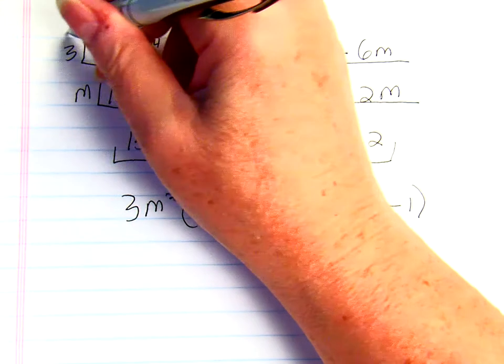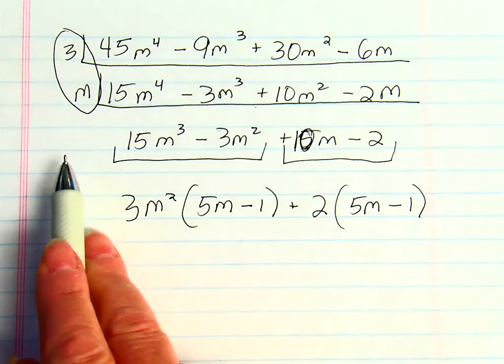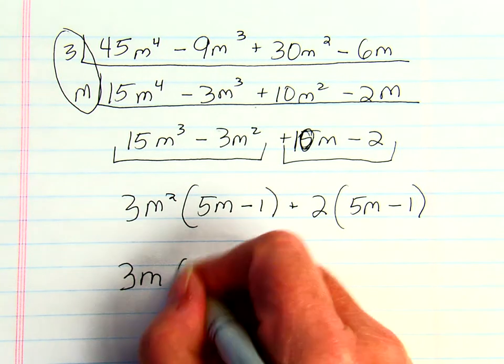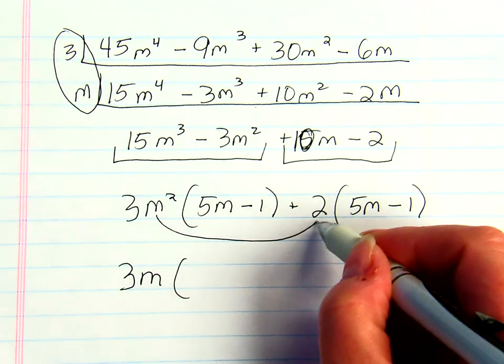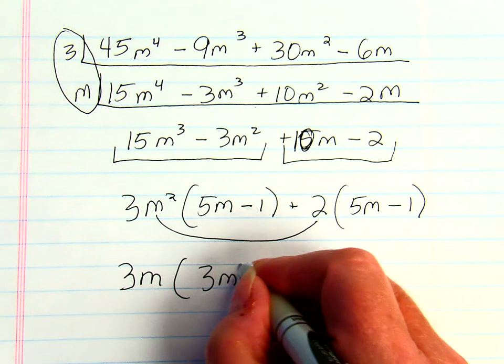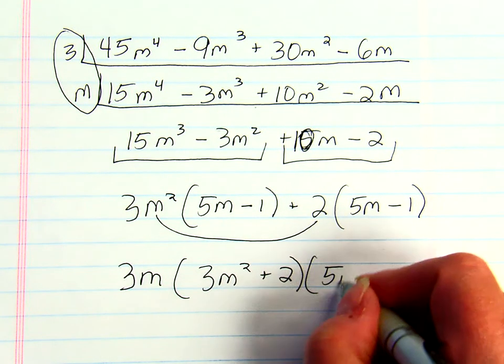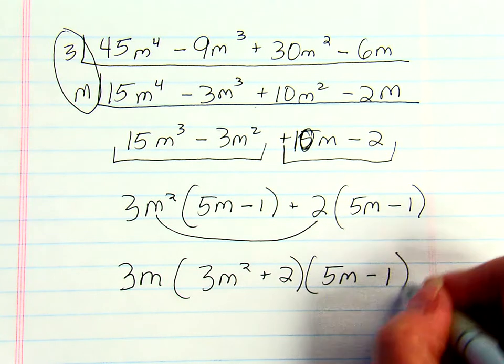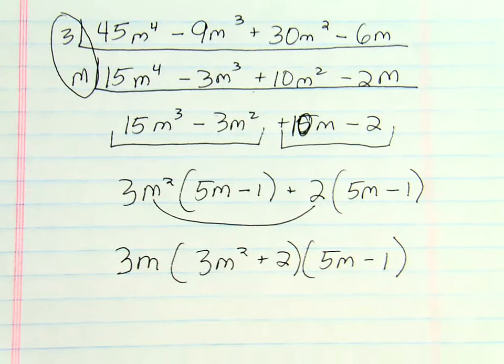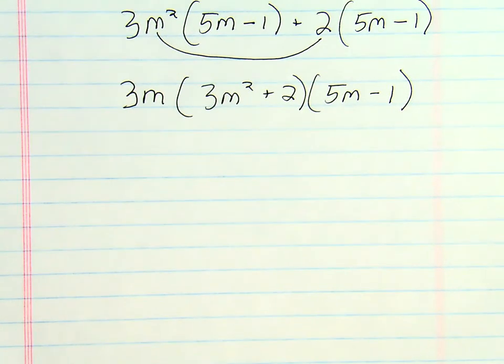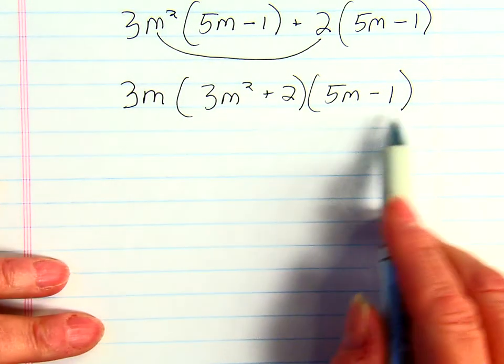So now putting everything together, not forgetting this up here, I have 3m times 3m squared plus 2 times 5m minus 1. I'm going to go ahead and multiply this all out.